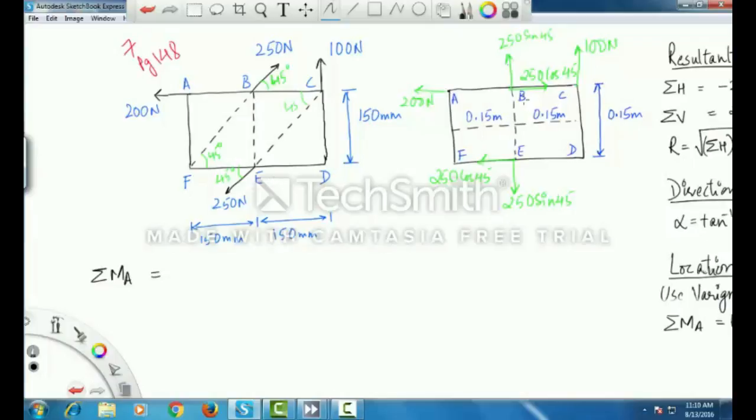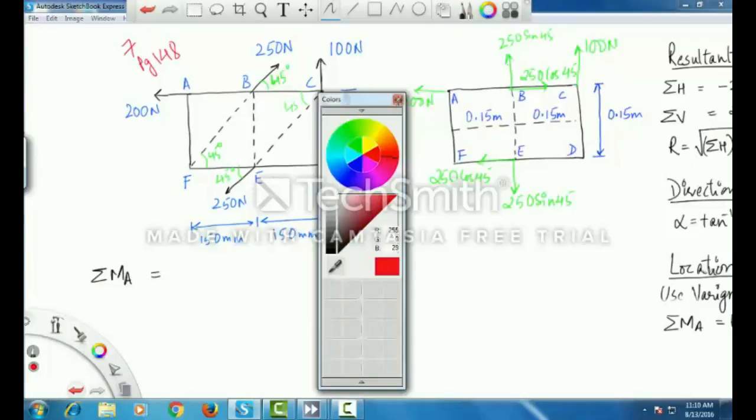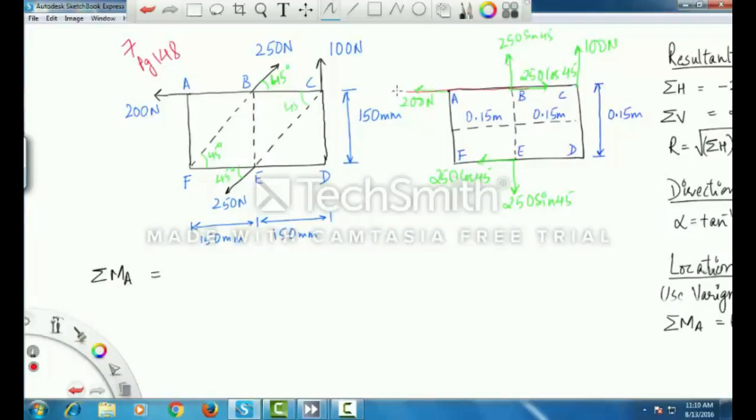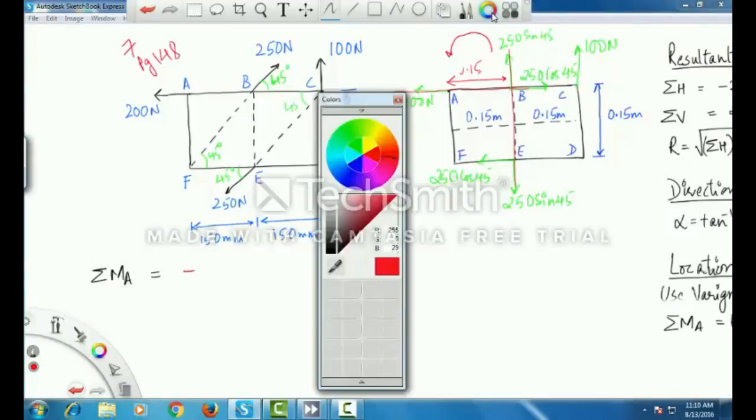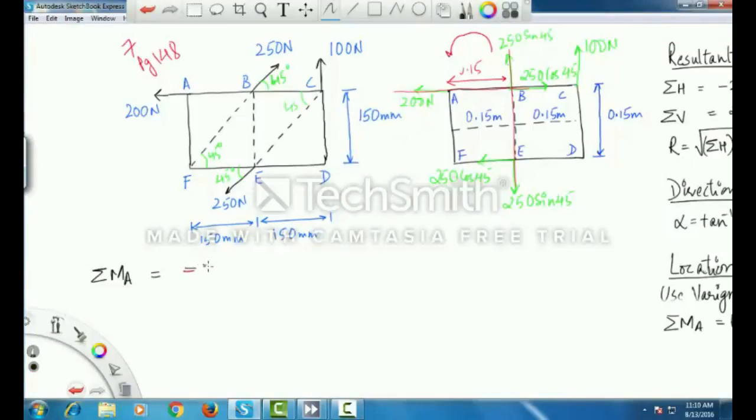Now this is the moment. Let's take the first force. It is passing through A, so no need to consider that. The next force, the line of action is also passing through A, so no need to consider that. This one is like this, so what's the perpendicular distance here? 0.15. In which direction? Anti-clockwise, so you get minus 250 sine 45 multiplied by 0.15.